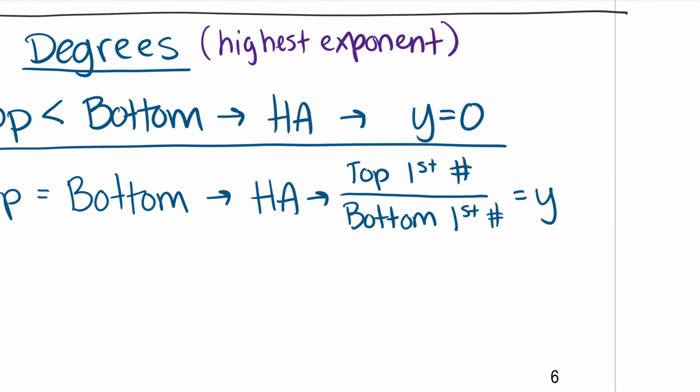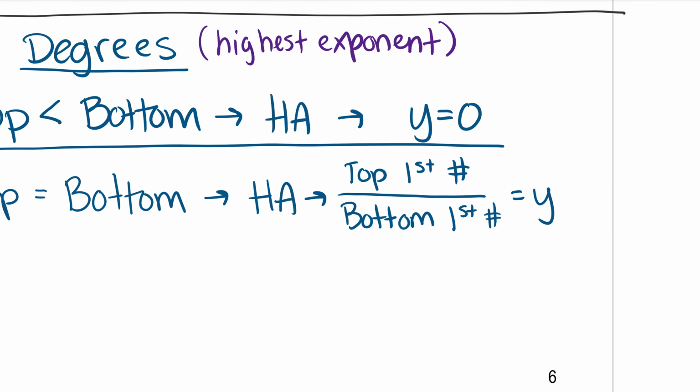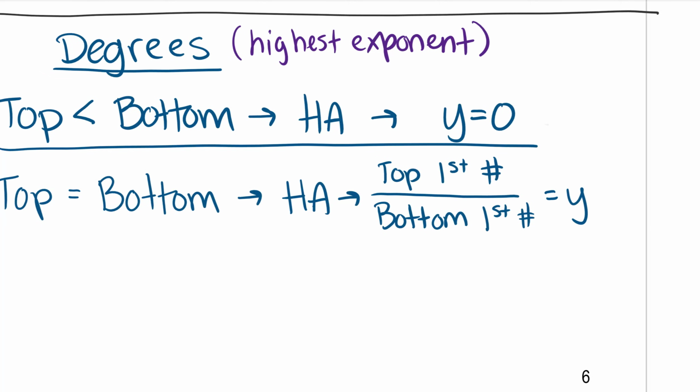So y equals, it's a leading coefficient is what it's called technically, but let's just say it's the first number. We will actually have that in this question, so I'll be able to show you what that looks like. But simply, say my highest exponent in the top was a 3 and my highest exponent in the bottom was also a 3, I would take the two leading coefficients and just divide them into either a whole number, or if they don't divide, they simplify to a fraction, and that would be my horizontal asymptote.